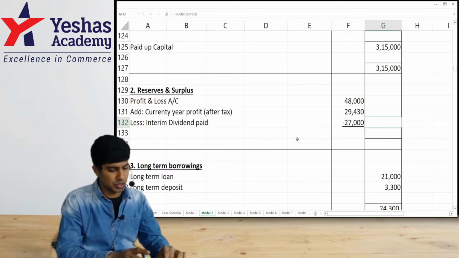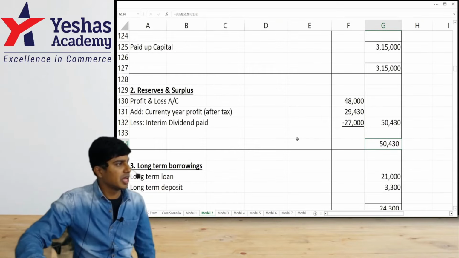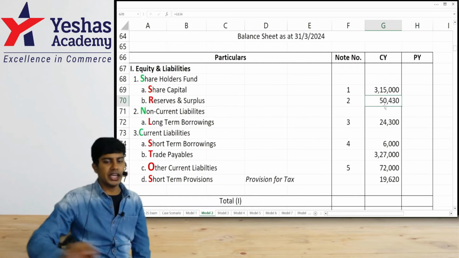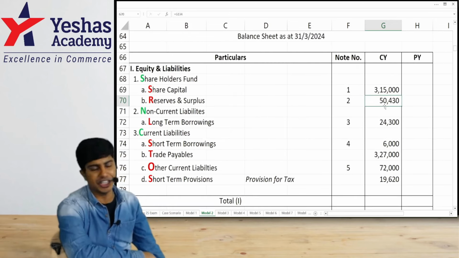So profit has reduced. How much are the reserves? 5,430. Last item to be posted to balance sheet liability side. Note number 2, 50,430. Now take the total on the liability side of the balance sheet. What do we get?